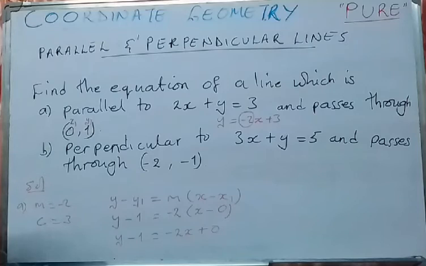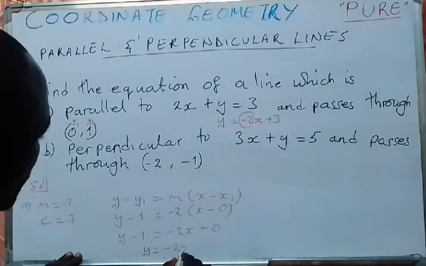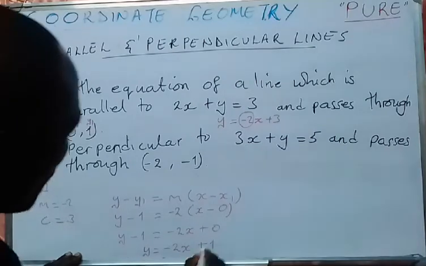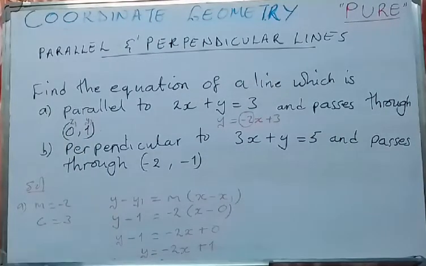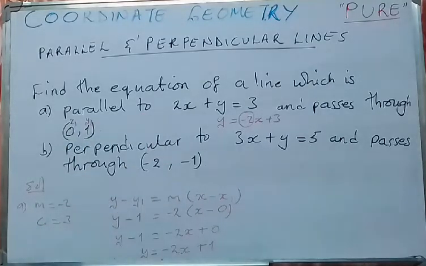Therefore, the equation will come out as y is equal to -2x plus 1. So this is the equation which is parallel to this one. This is the way to calculate question A. I hope you understand this one. Let us have also B.